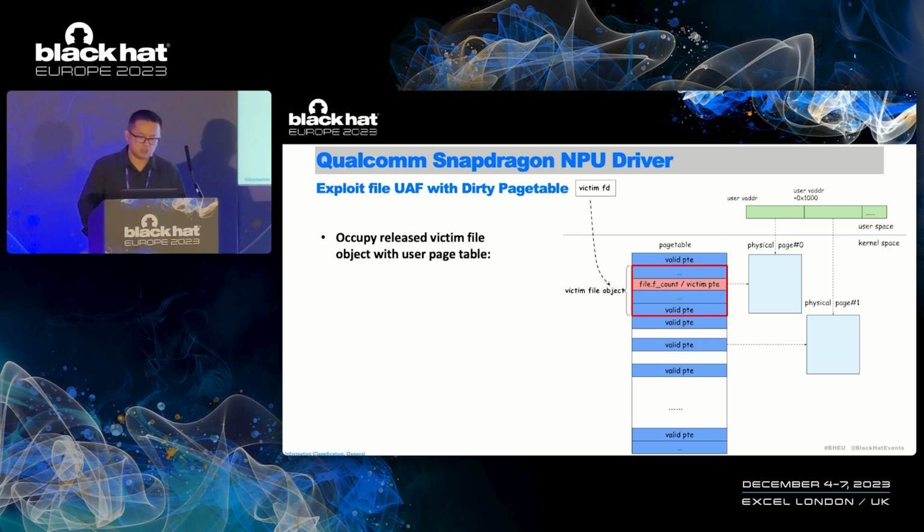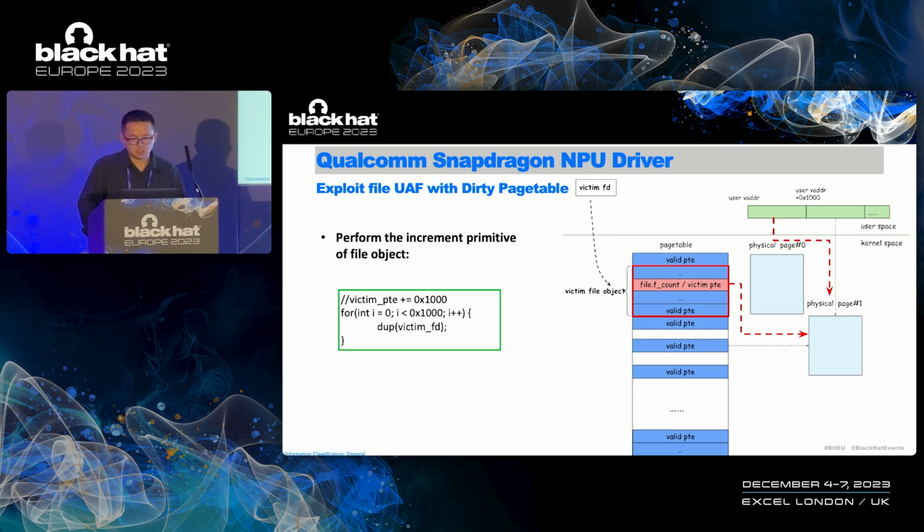Here I only explain some key ideas of how dirty page table exploits the file UAF. First, it would be like this if we occupy the victim file object with user page tables. As you can see, the f_count of victim file object is collided with the victim PTE. Second, we can perform the increment primitive of file UAF by calling the syscall dup. By calling syscall dup page size times, we can manage to add 0x1000 to the victim PTE.